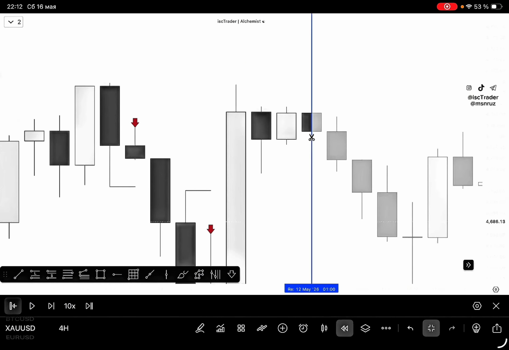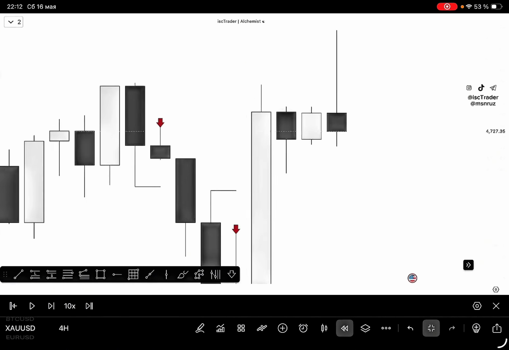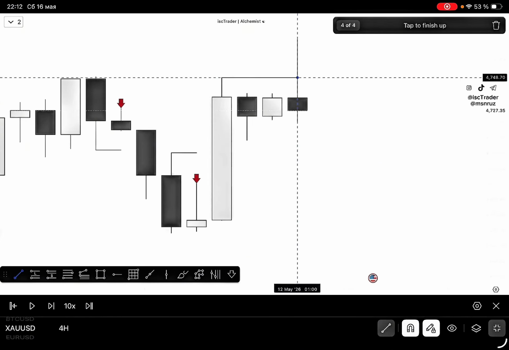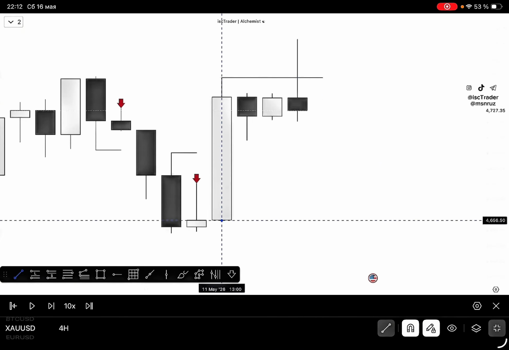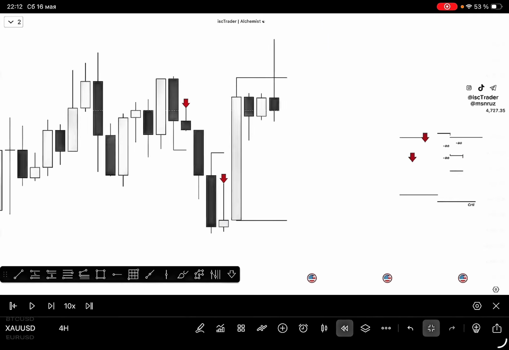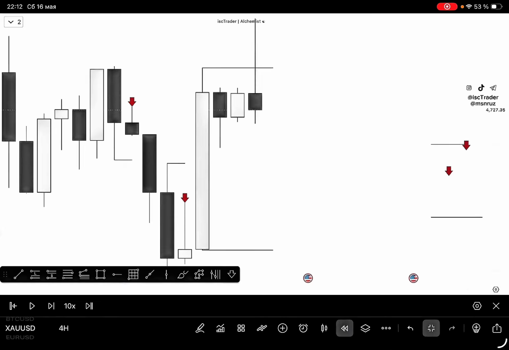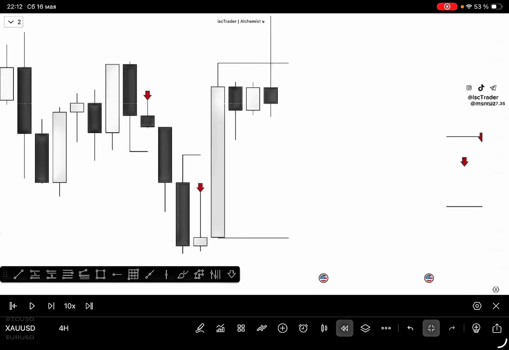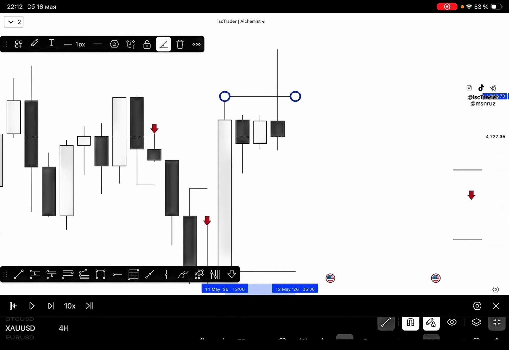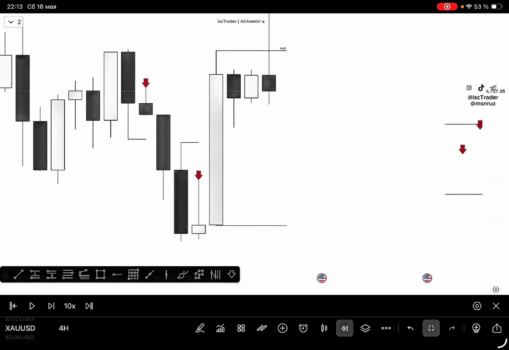Okay. CRT candle, CRT high, and CRT low. It sweeps at CRT high and closes, and we need to enter the trade.